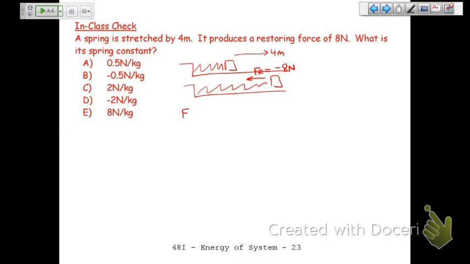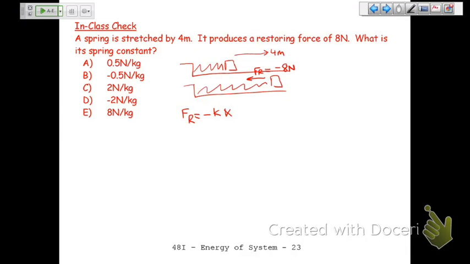So let's have a look. Spring constant. Restoring force is equal to minus K times X. I have an X, I have a restoring force.